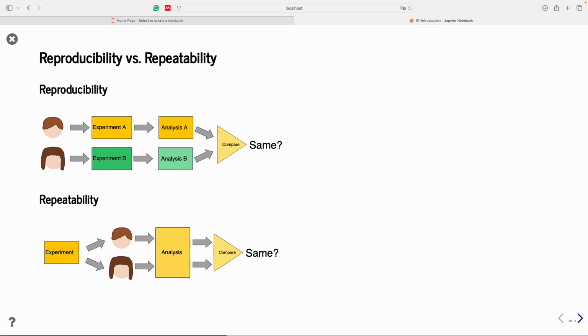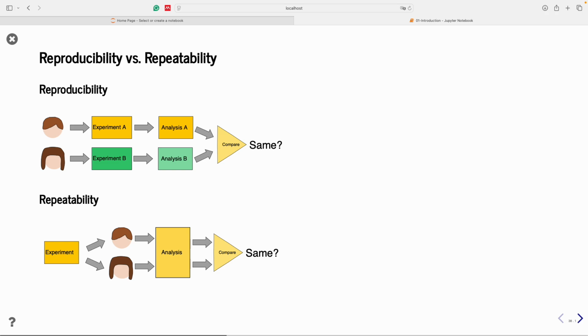actually reproducibility and repeatability. What the scientific community in principle really strives for is reproducibility, that someone can take your paper and reproduce exactly what you're doing and come to the same conclusions, plus minus some uncertainty.